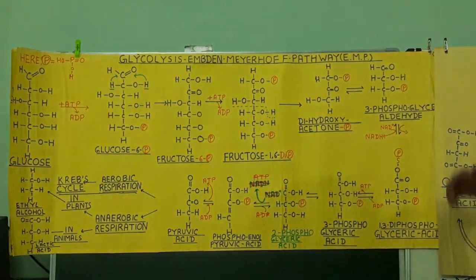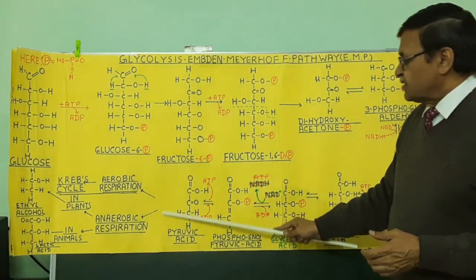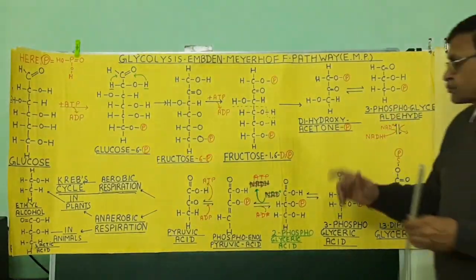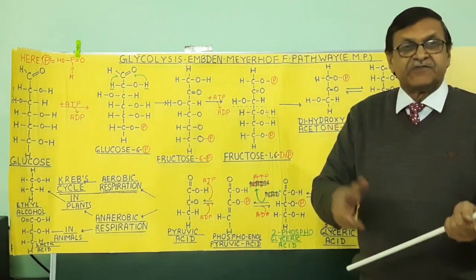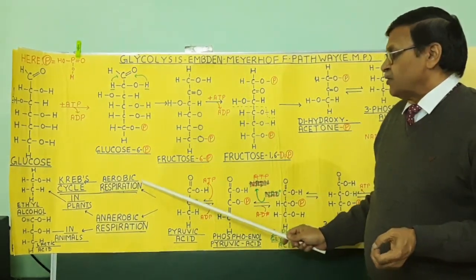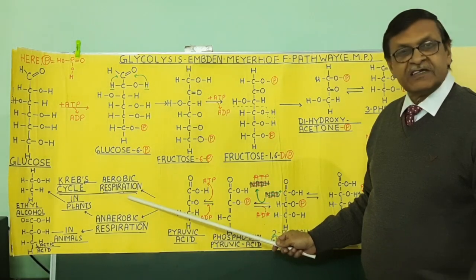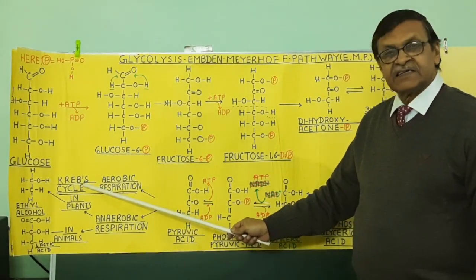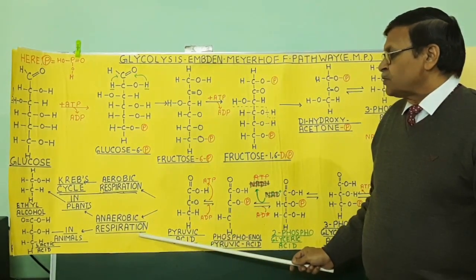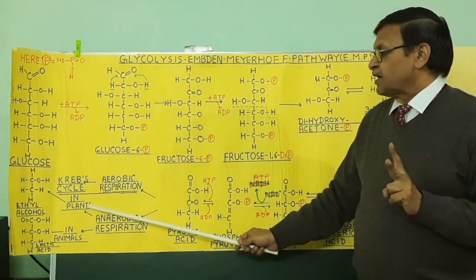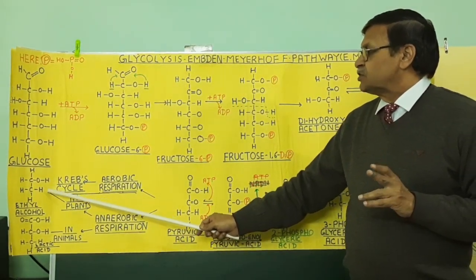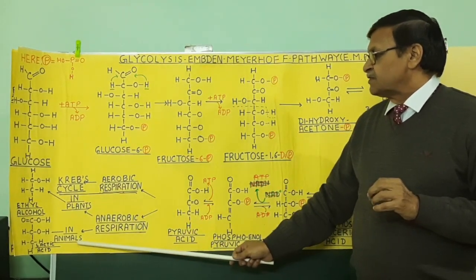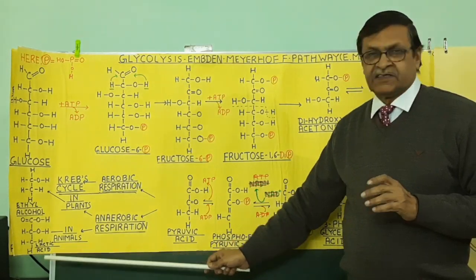So now this pyruvic acid, it is the end of glycolysis, but its fate is different during aerobic and anaerobic respiration. During aerobic respiration, it enters into the Krebs cycle reactions. In anaerobic respiration, if it is in plants, it is changed into ethyl alcohol, and if it is an animal cell, then it is changed into lactic acid.